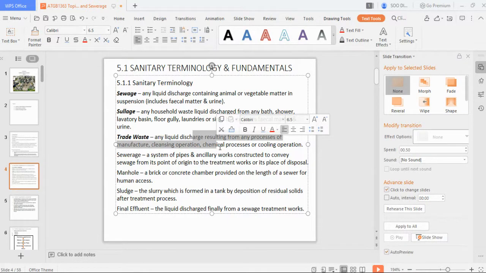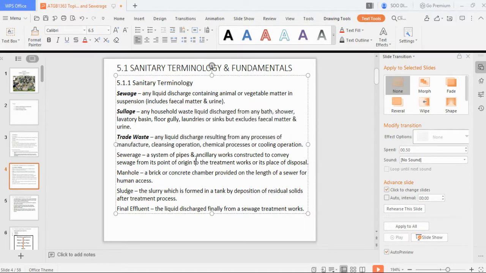When you do that, you contaminate the river, and then you cause a water cut, where the government will have to go and find out who is polluting the river. And once they find out who is polluting the river, then you receive a fine. So for commercial purpose, any waste discharge will be trade waste.